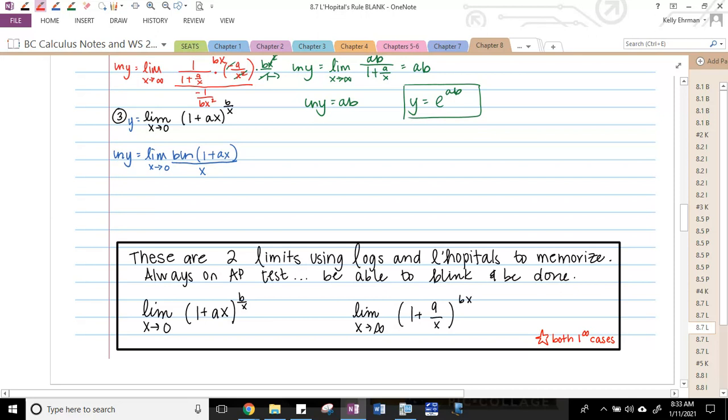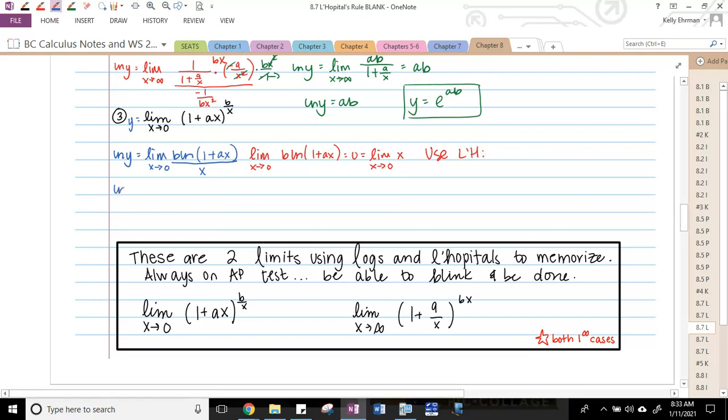Plugging in 0, you're going to get b times natural log of 1 over 0. So formally, the limit as x approaches 0 of b natural log of 1 plus ax equals 0, and so does the limit as x approaches 0 of x. So we need to use L'Hopital's.